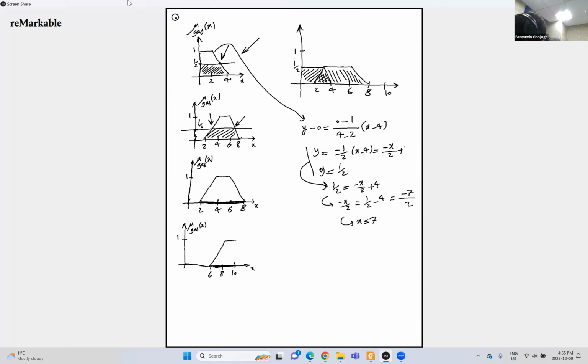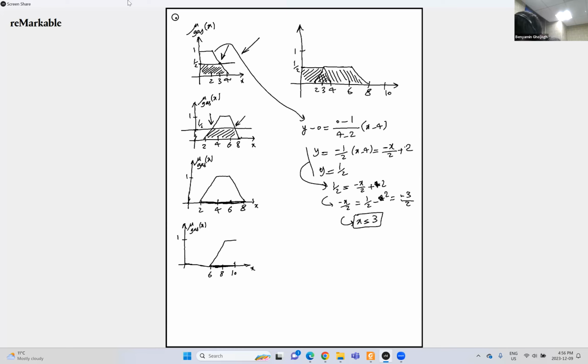So it's 2 here. Here it's also 2. And here I will get 3. Right? So this intersection will be 3. What about these two?